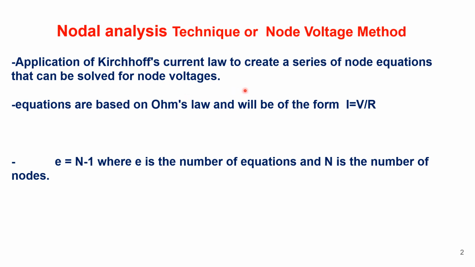These equations are based on Ohm's law, that is I is equal to V by R. In a circuit containing n nodes, the number of equations is n minus 1. So one is the reference, the zero voltage point, and the other nodes are non-reference points. We can solve the equations for the node voltages.